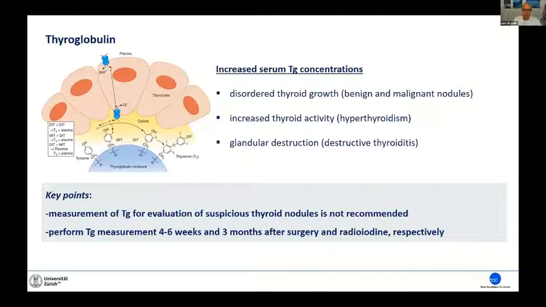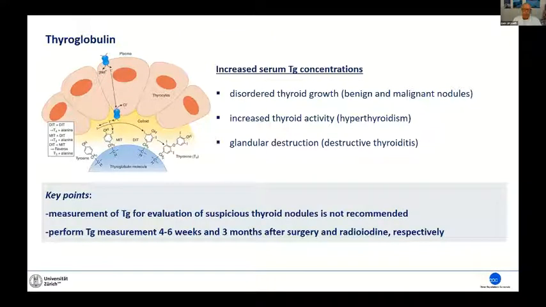So it is important to remember that measurement of thyroglobulin is not indicated to evaluate thyroid nodules, attempting to distinguish between benign and malignant ones, as very high thyroglobulin concentration may be detected, for example, in patients with large goiters.